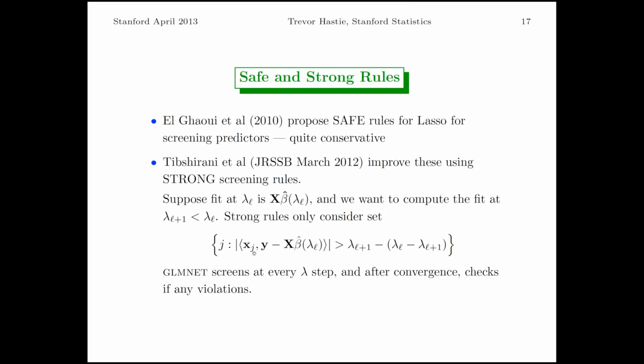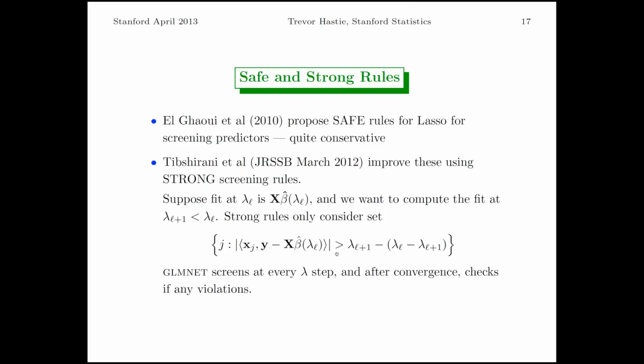You now compute the inner product between x and the current residual. Take the absolute values. Lambda L plus 1 is smaller than lambda L. Because at the solution at lambda L, all these inner products for the active set are equal to lambda L, and as lambda L plus 1 is smaller, we expect a few more to get into the fold.